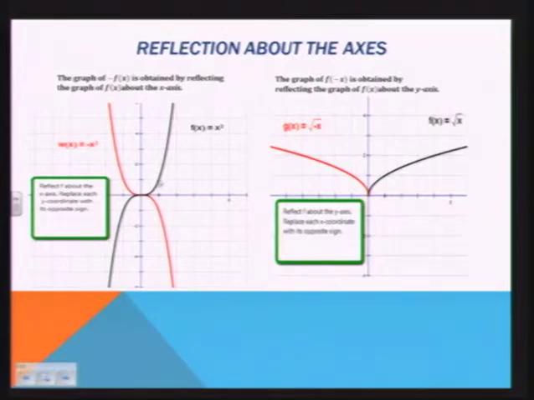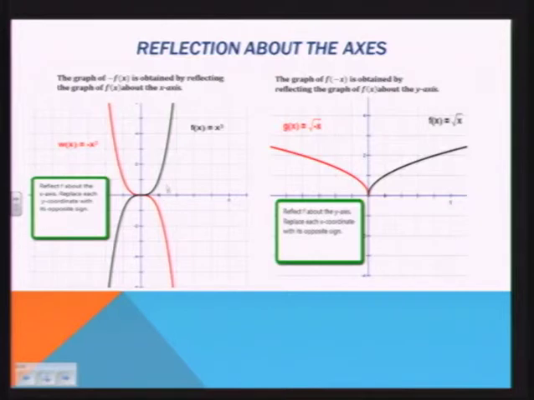So now (1, 1), which is on f of x equals x cubed, will be shifted to the point that you will see on the red graph, which is our transformation reflection about the x-axis, which is (1, -1). You will also note that in this case, you will have another point, which is (-1, 1). And you can note here again that the point is (1, -1), and you will see that the points are actually reflecting each other from the x-axis.